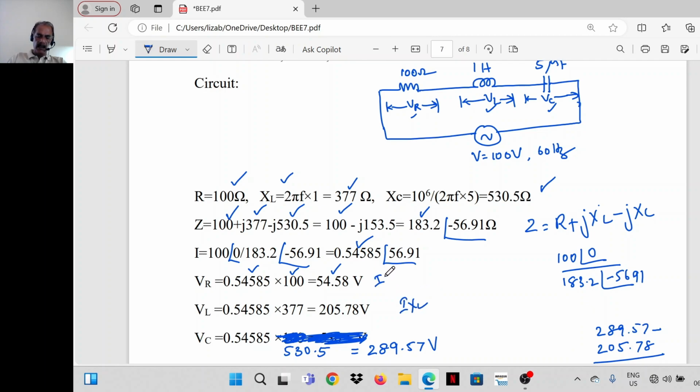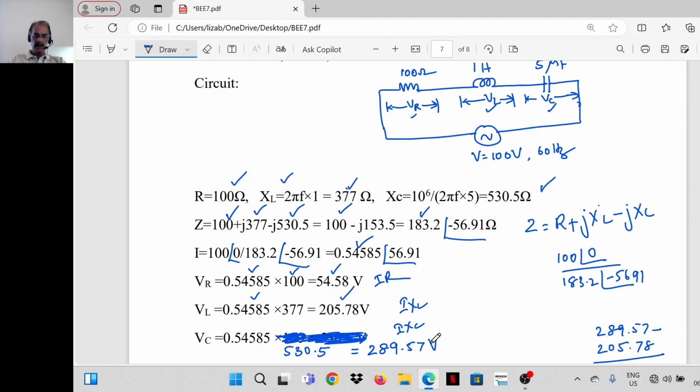I is 0.54585 into XL, inductive reactance is 377, which is 205.78. VC is equal to I into XC, that is 0.54585 into 530.5, that is 289.57 volts.